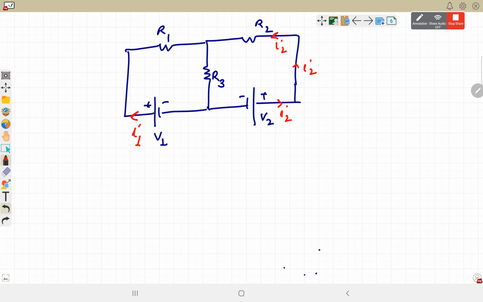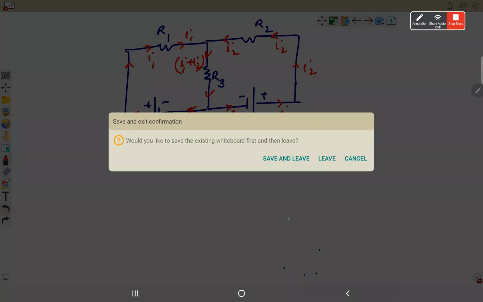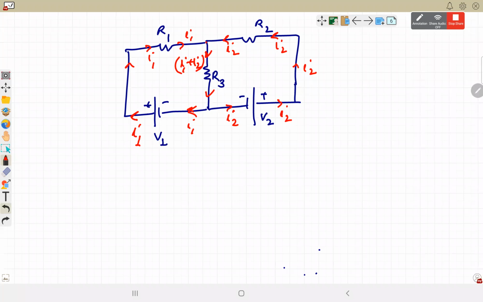I2 and I1 both will meet at this junction, so that the total current out of this junction will be I1 plus I2. And you can understand it is exactly similar to that of Kirchhoff circuit. बस वहाँ पे हम charge divide करते थे, यहाँ पे हम current divide करेंगे because capacitor stores charge और resistor में current होती है.